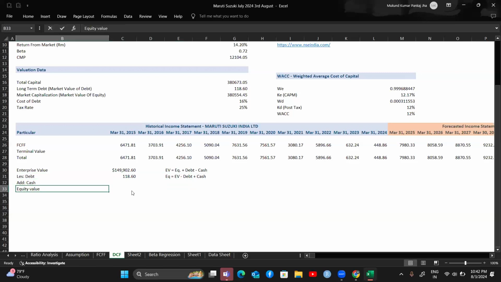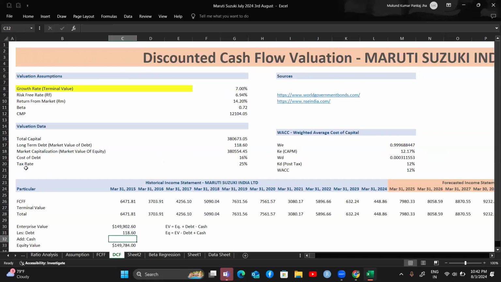Equity value equals enterprise value minus debt plus cash. I need cash balance for this. So let me just add cash and cash equivalents as well.